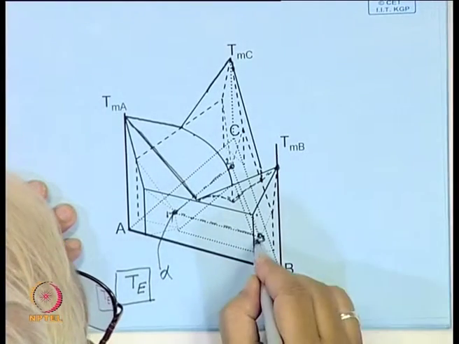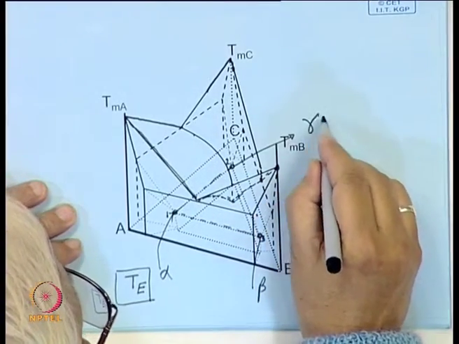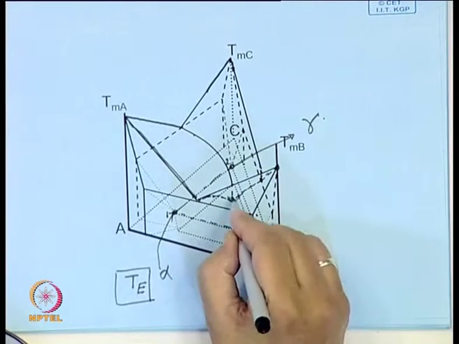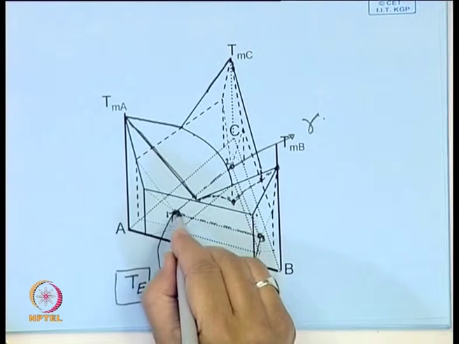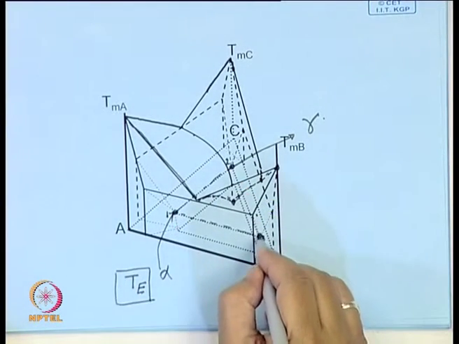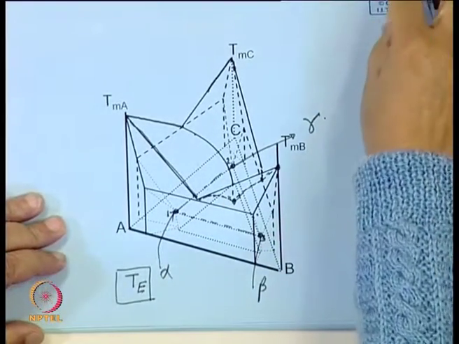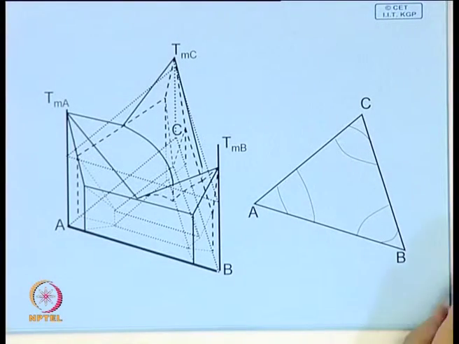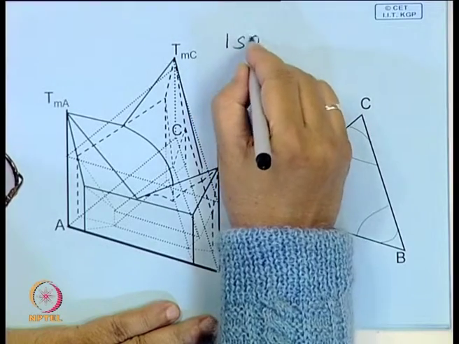This is alpha, this is beta, and this is gamma, and they have fixed compositions. So at this temperature T, there will be equilibrium between liquid of a specific composition and 3 solids of specific compositions, that is 1, 2, 3. Now, let us try and construct sectional diagrams. Let us look at one isothermal section.